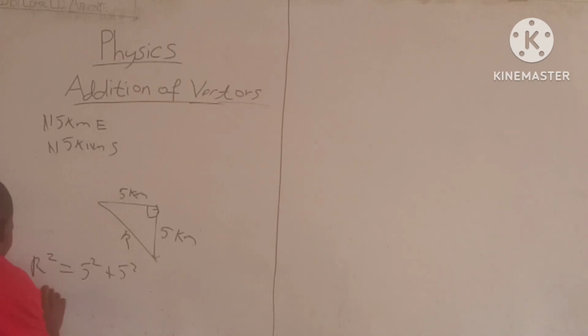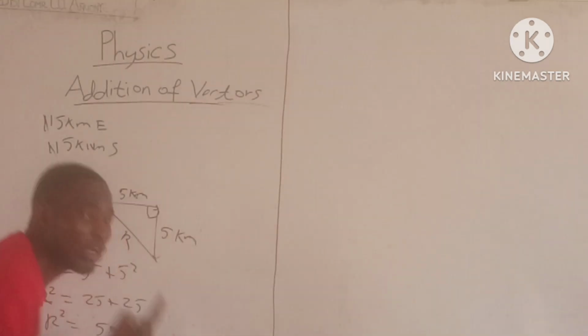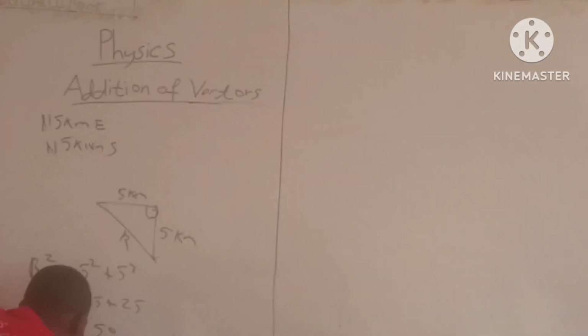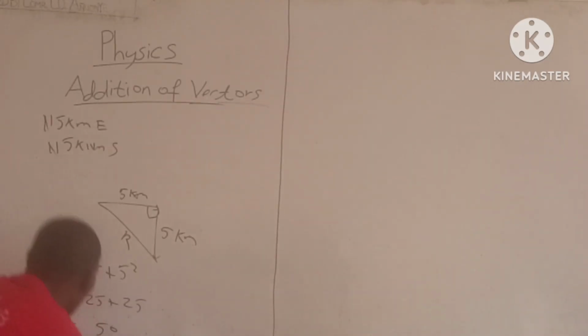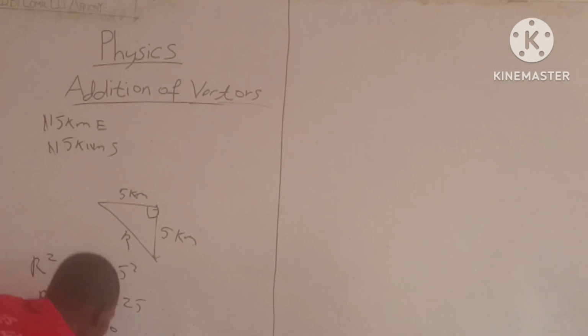Therefore R squared is equal to 25 plus 25, and R squared is equal to 50. Therefore R is equal to the square root of 50, which is 7.07. You put the unit, kilometers.